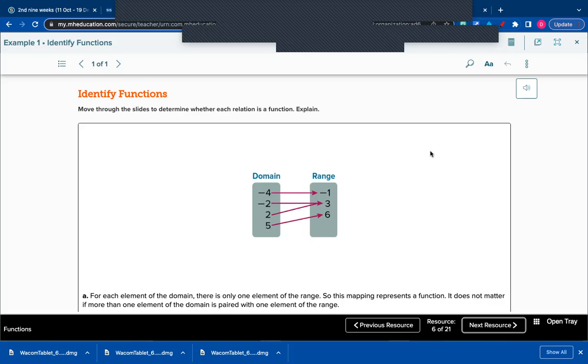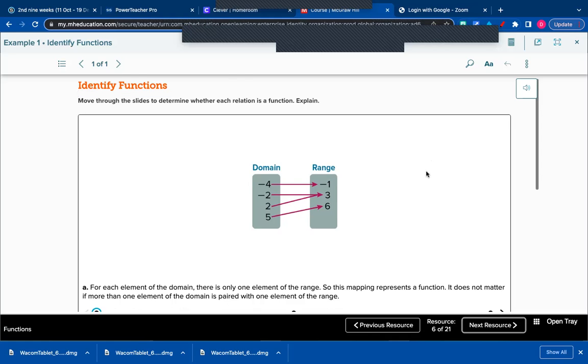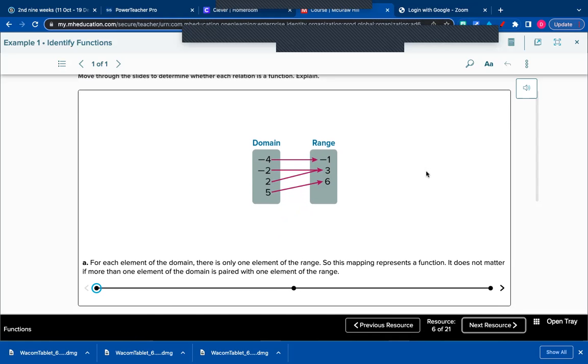Okay, so let's move through these slides to see if we can tell if each relation is a function. Okay, so remember, every element in the domain is paired with exactly one element of the range. Okay, so -4 is mapped to -1, -2 is mapped to 3, +2 is mapped to 3, and 5 is mapped to 6. So is this a function?